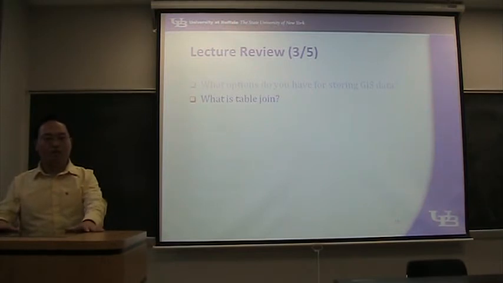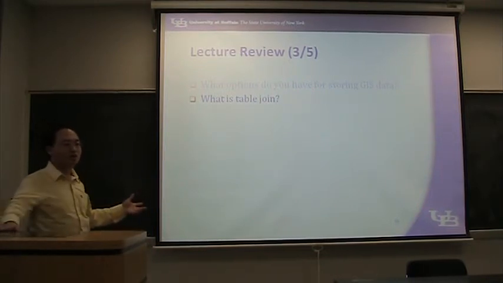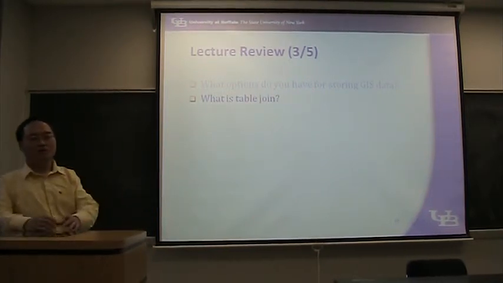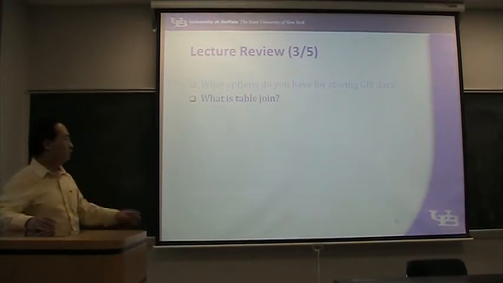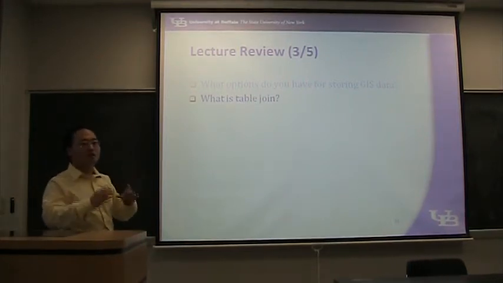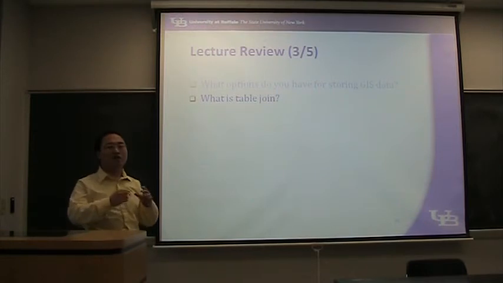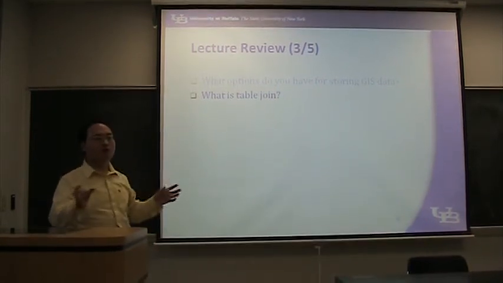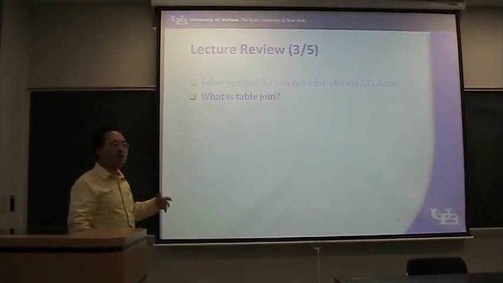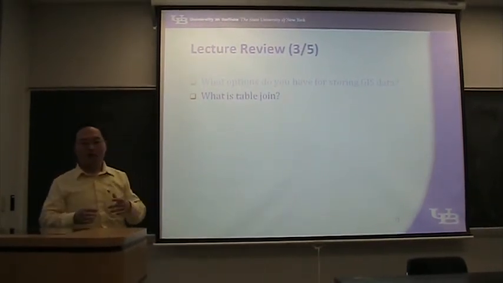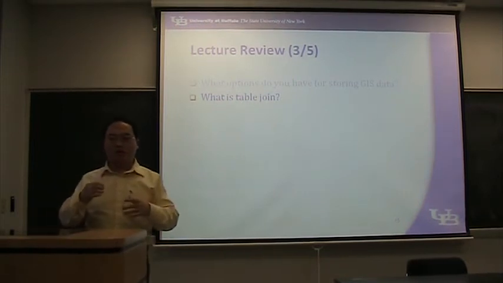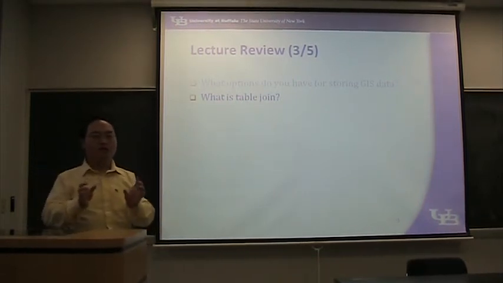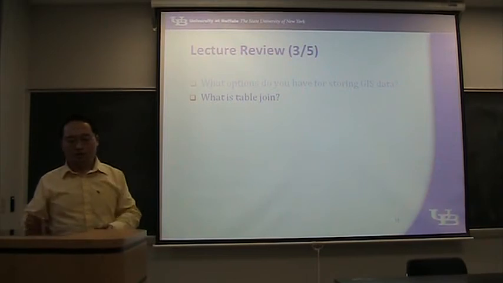Now, what is table join? Can somebody summarize? So we have two tables. The result of the table join, each row in the result table will consist of all the attributes in both tables. But the way they are selecting the records was by the relationship of the two sets.